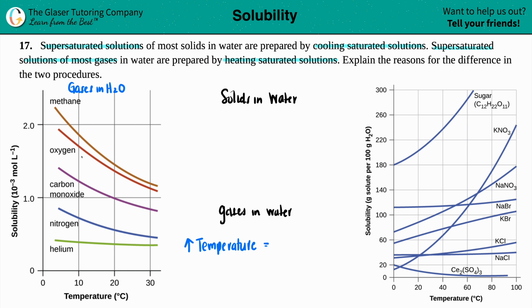Are they increasing or are they decreasing? Yeah, they're going down, right? So as the temperature values are getting higher and higher, the slopes are decreasing, which means that your solubility of the gases is getting much lower.